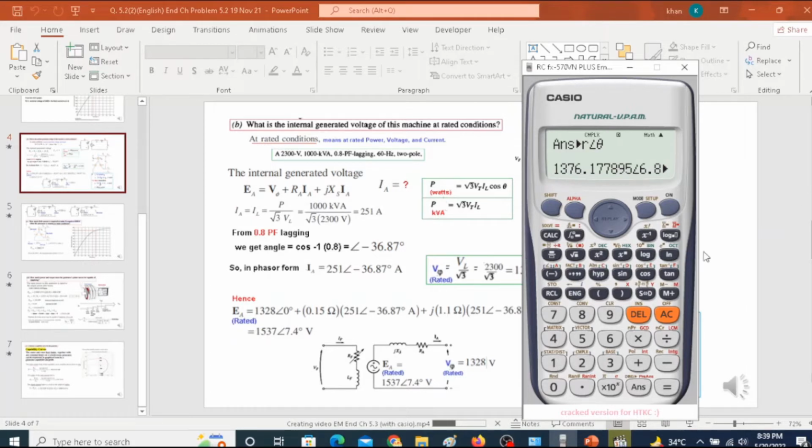Again, a student has requested to show this calculation, so we'll use the calculator in complex mode. We are in complex mode, so simply enter all these values.